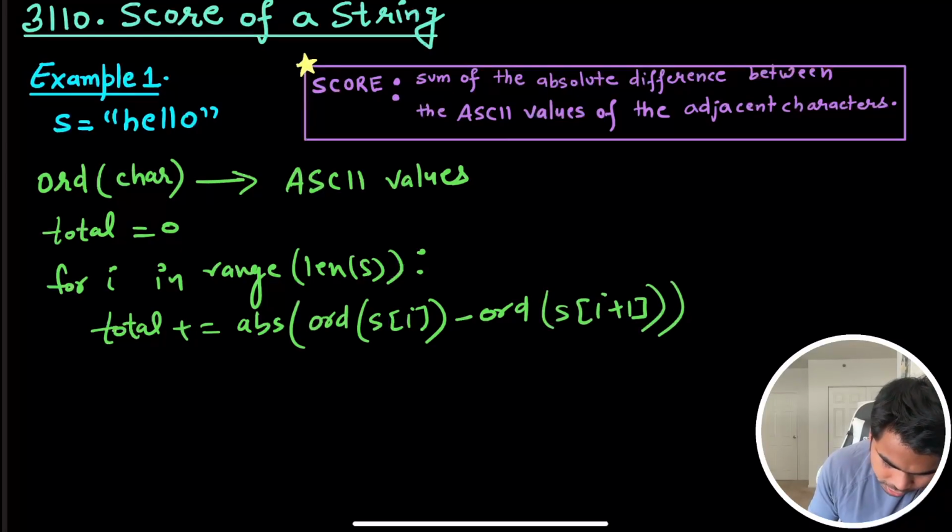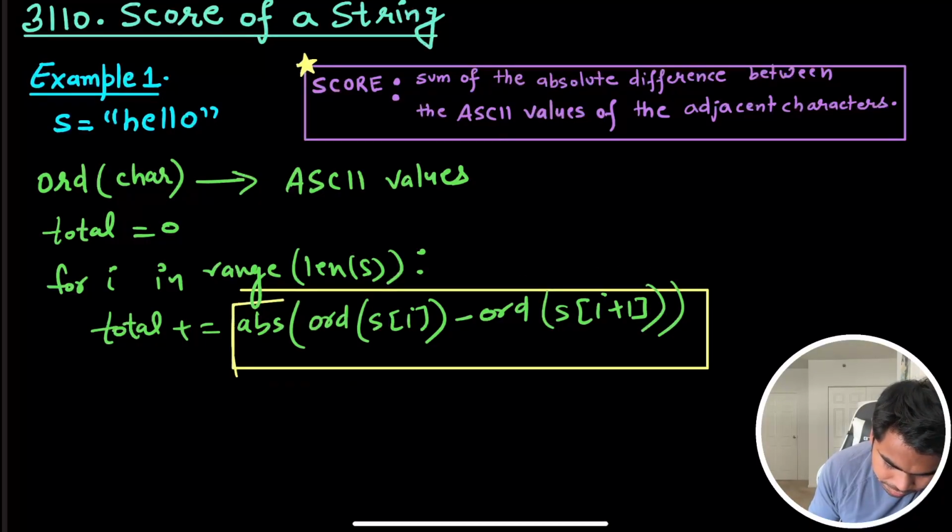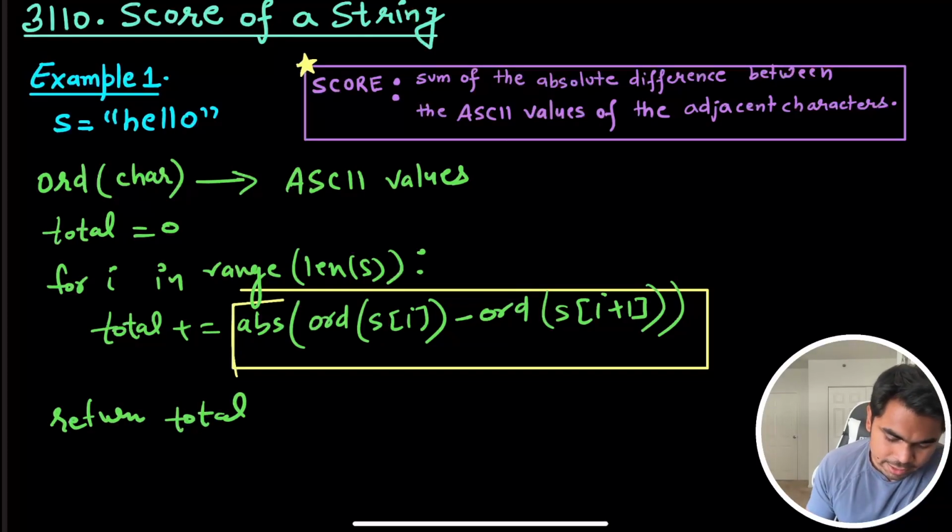All right, so this will basically sum up all the absolute differences. This is the heart of this problem. And then finally we can just simply return the answer, so return total, or you can call it sum.